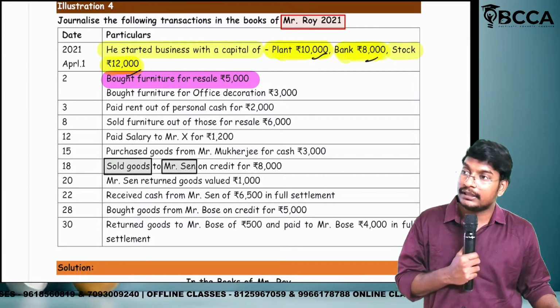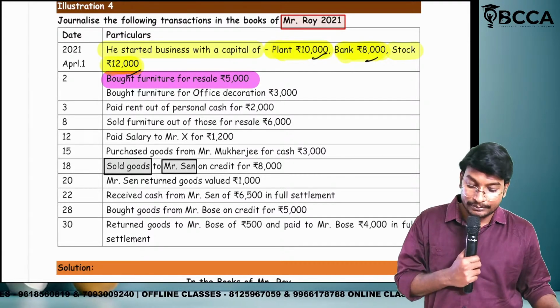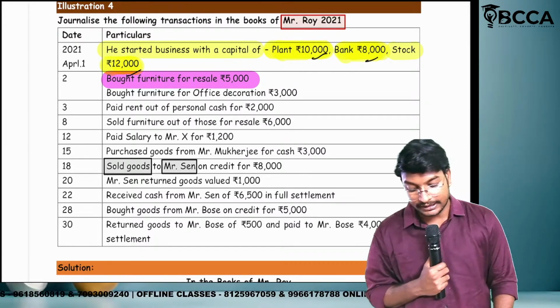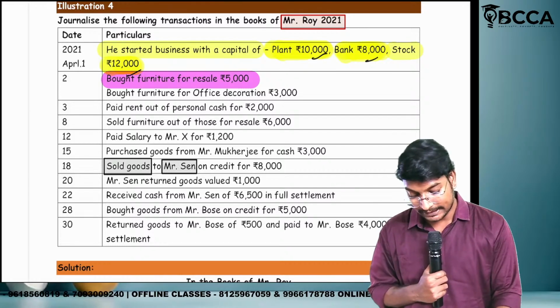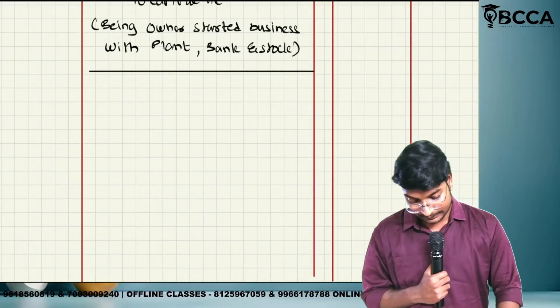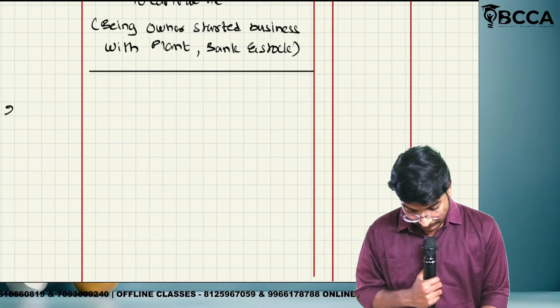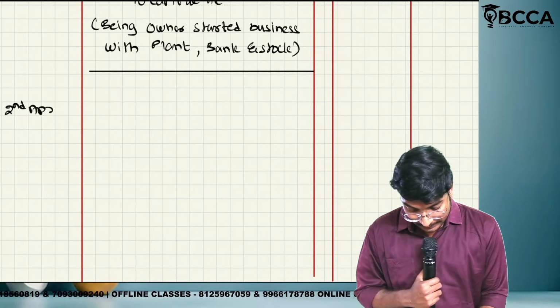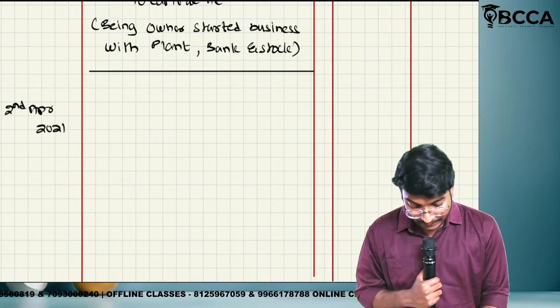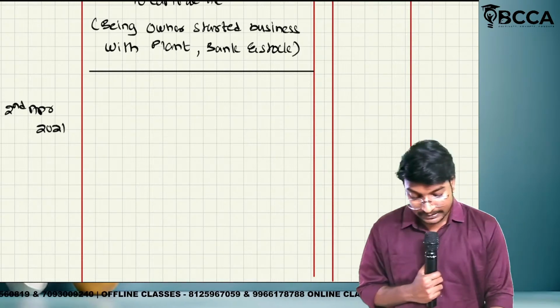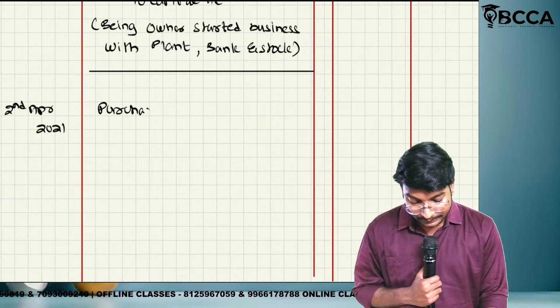What is the entry we will get, ma? Purchase account debit to cash account. How much? 5,000. So 2nd April 2021. What is the entry, guys? Purchases account debit.